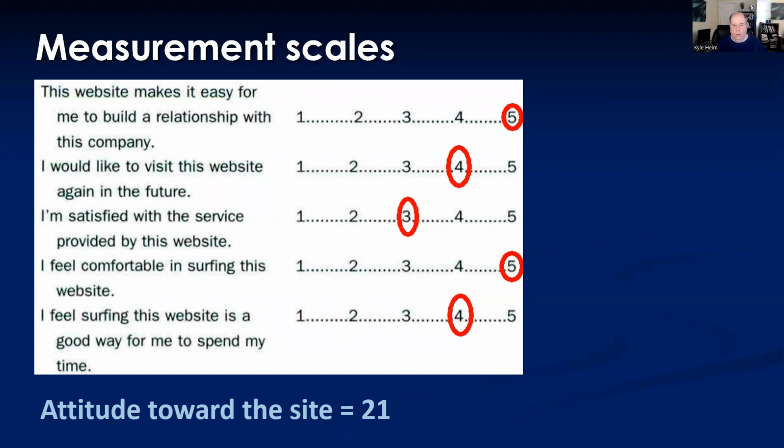If they had marked all 1s, their attitude toward the site would be 5. And if they had marked all 5s, their attitude towards the site would be 25. So you have now created a 5-item index that measures attitude toward the site on a scale of 5 to 25. Very precise, gives you very interesting and meaningful data.